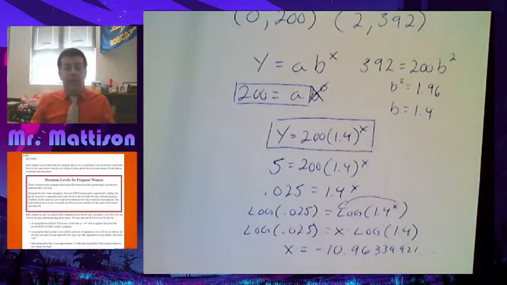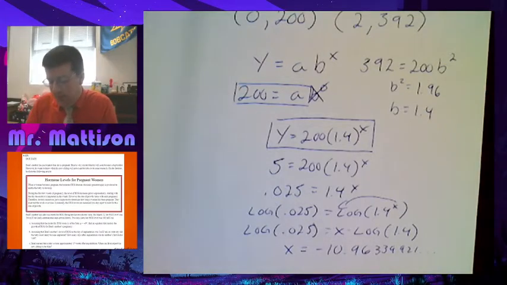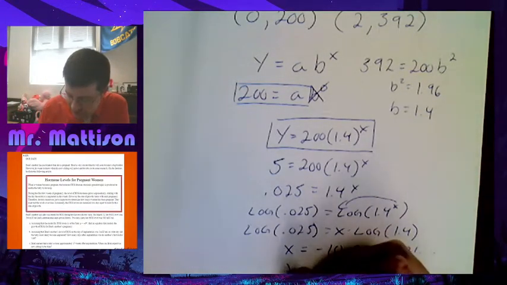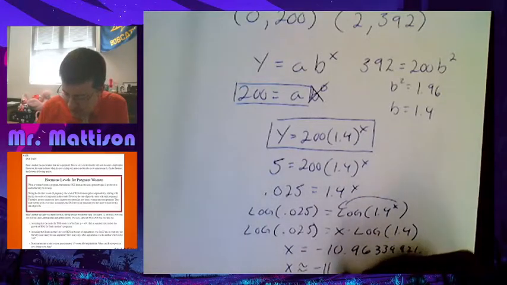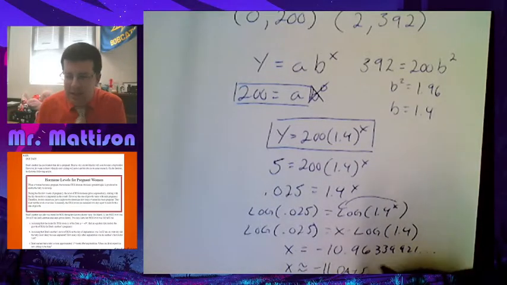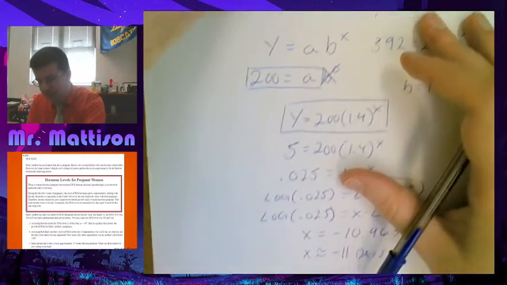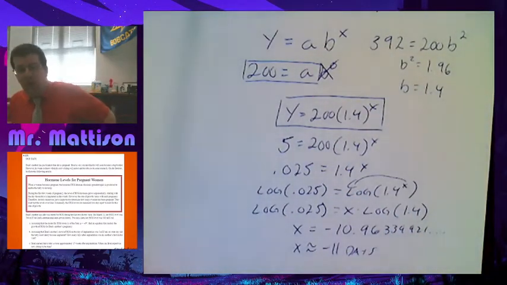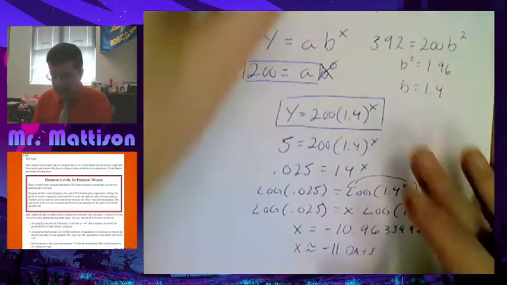So the context of the situation matters here. x is the number of days, right? If I say it's 10.96 days, we're just going to call that 11 days. So negative 11 days, meaning that the implantation likely happened 11 days prior to March 21st, aka March 10.